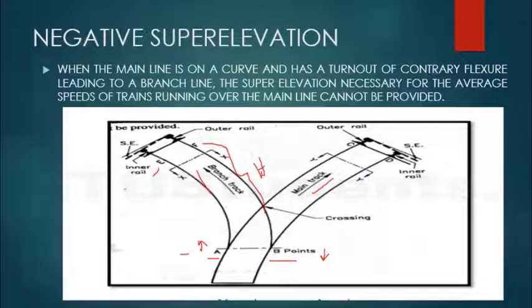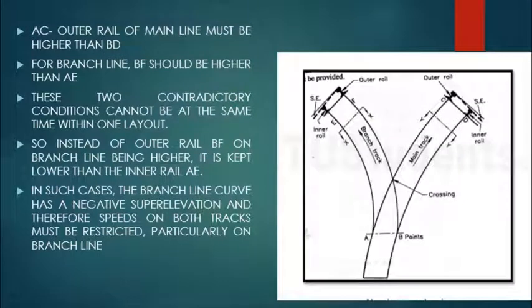So instead of the outer rail BF on the branch line being higher, it is kept lower than the inner rail A. In such cases, the branch line curve has a negative superelevation, and therefore speeds on both tracks must be restricted, particularly on the branch line.